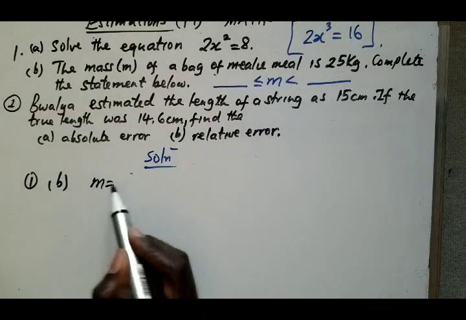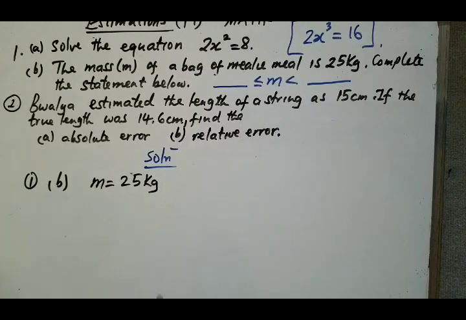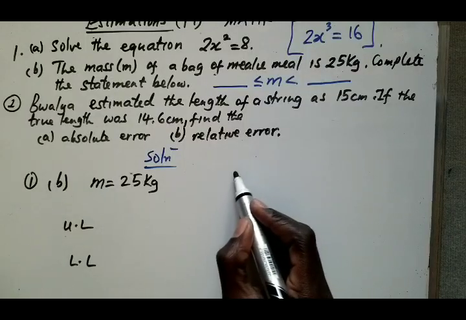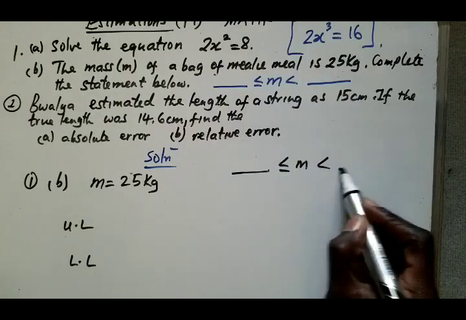Since they have given us the mass of the bag as 25 kg, we need to find the upper limit and also the lower limit, and that will help us fill in what we have. So dash is less than or equal to M, and M is less than dash.